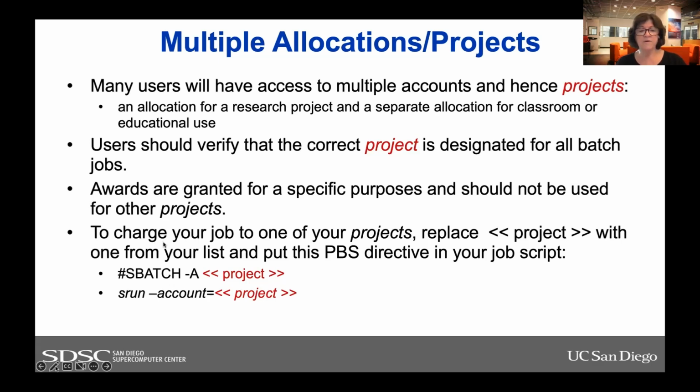And then you'll either be running a batch script and put the project number in there, or you'll do something from the command line and you'll add the project number in there. The left bracket, project, right bracket, that's not a valid project number. It'll be like SDS173, typically 6 characters, but this one is just an example.